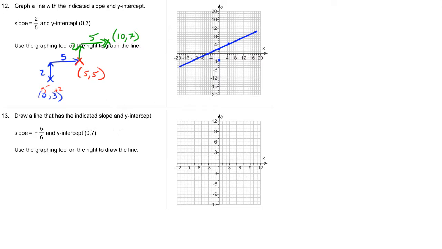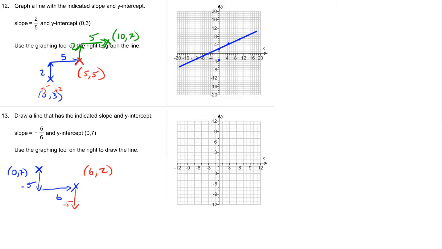And the same thing over here, except these numbers are a little bit nicer. So let's start at 0, 7. And then we're going to go down 5. That's our negative 5. Then over 6. And that'll take us to this point, which should be 6, 2. And then we're going to do it again.